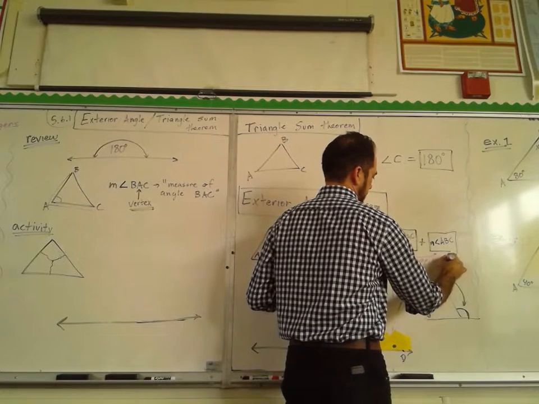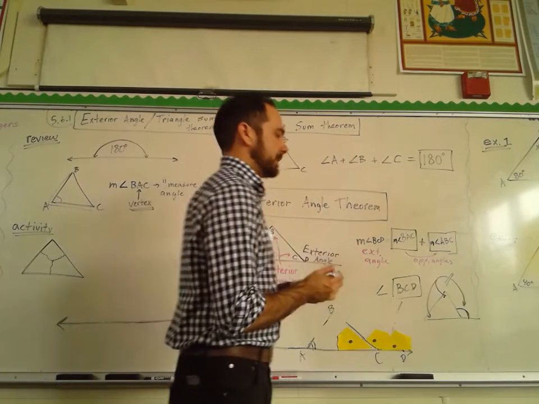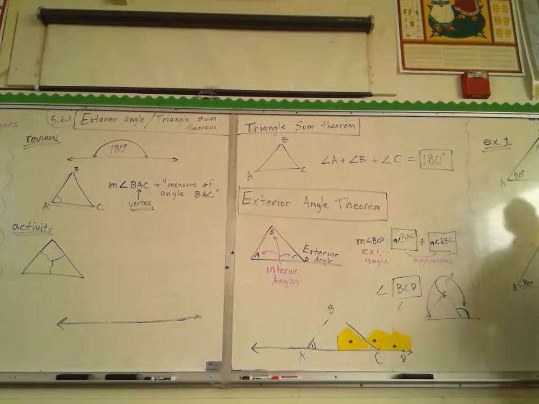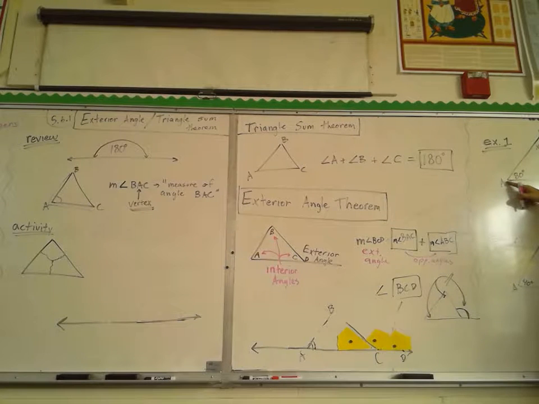All right. So now we're going to just use that information right here. This is pretty straightforward. We know that this angle is equal to which other angles? And I'll just say the vertices. So is it the angle that has a vertex A, B, or C? Which ones add up to give us 130?